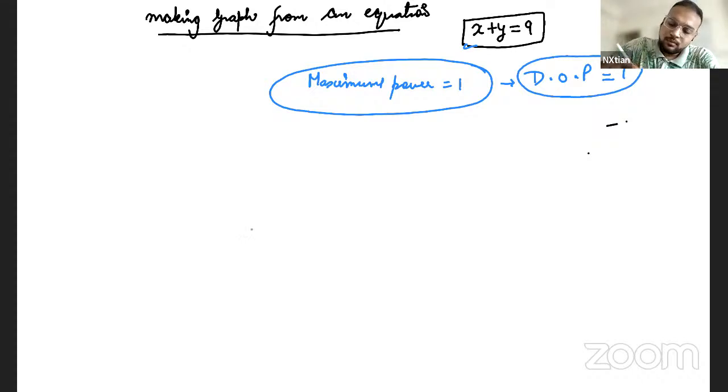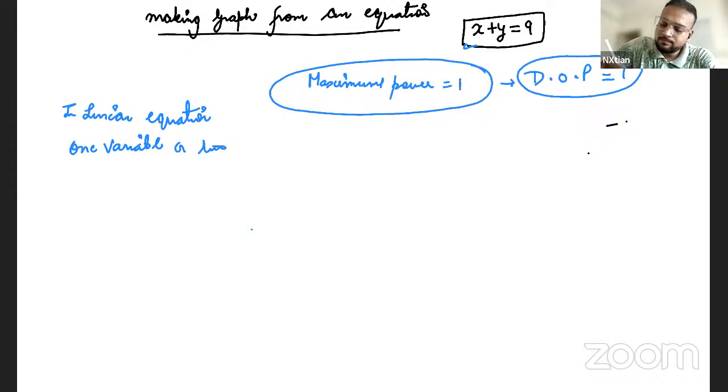Now, in a linear equation, one variable or two variable, the graph will be a straight line.